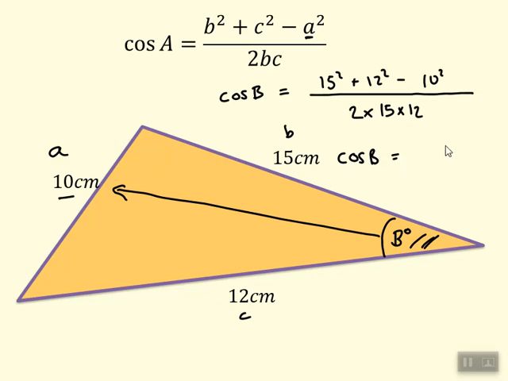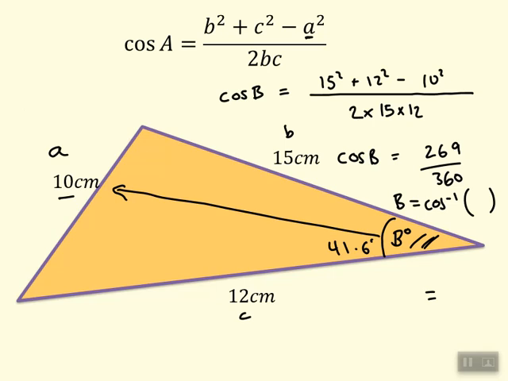Okay, so I use the fraction button, 15 squared plus 12 squared, take away 10 squared, divided by 2 times 15 times 12. According to the calculator, it's 269 over 360. Right, so the angle B is equal to cos to the minus 1 of that fraction. So shift cos of that answer is 41.6 degrees. That's how big that angle is in that corner.